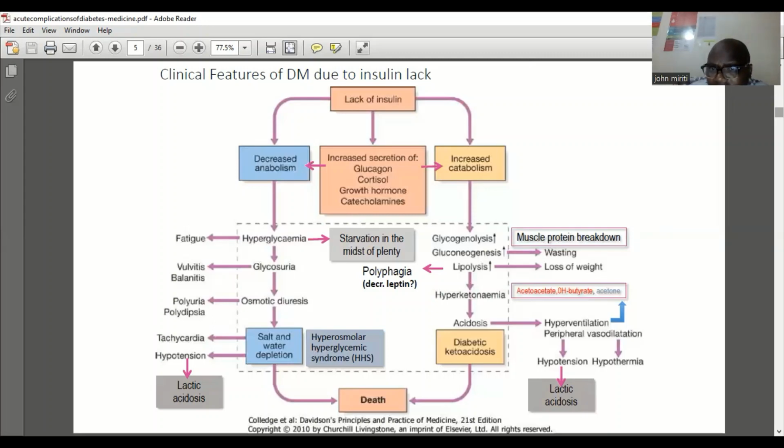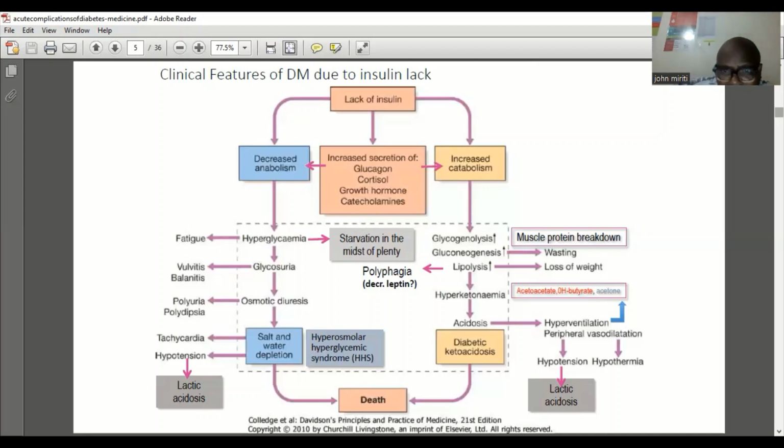Because the muscles are broken down to produce energy, the patient starts wasting. This is the reason why patients with lack of insulin because of diabetes are wasting, and sometimes it is called metabolic syndrome. It can also result in what is called metabolic cachexia.